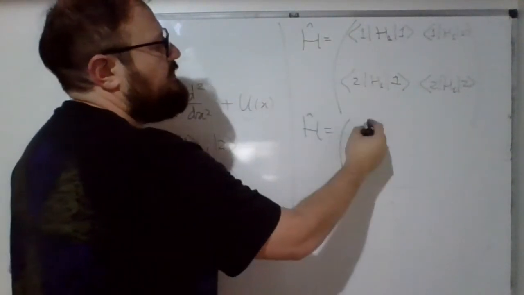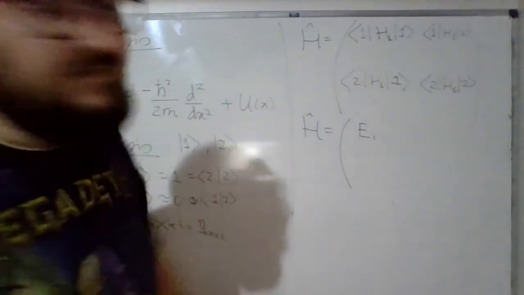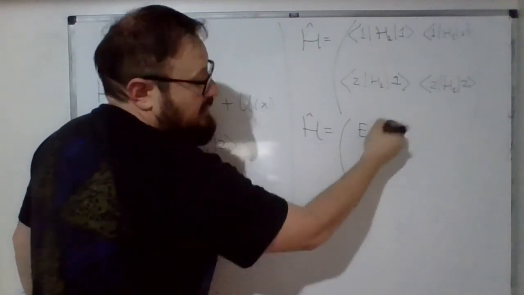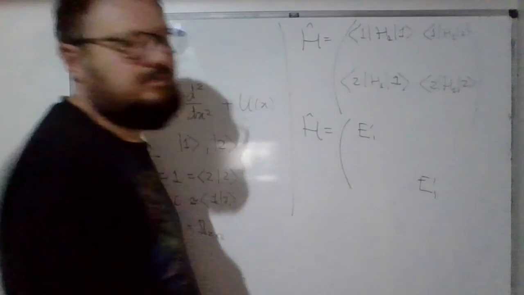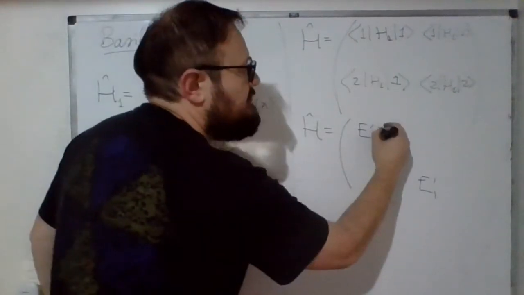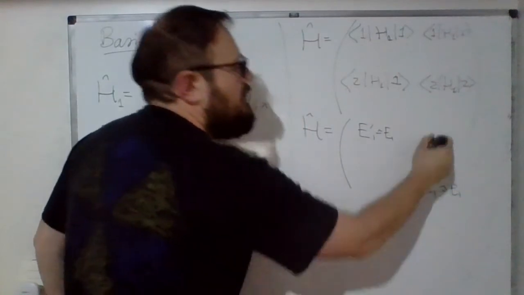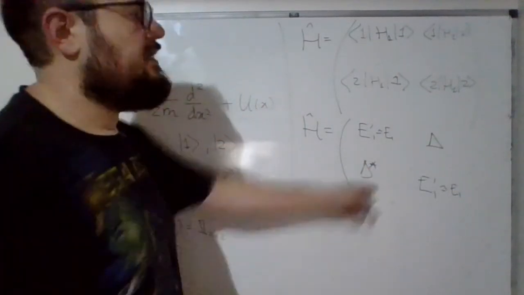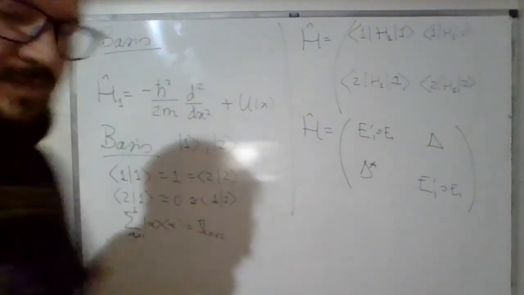Some H which is equal to E1 if you're considering just the first level. There can be a small correction here, right? E1 prime, but it's nearly E1, and you will have a delta and delta complex conjugated here. This is a two-level system, all right?